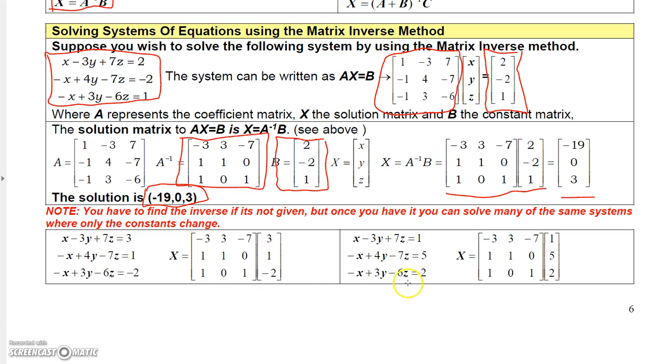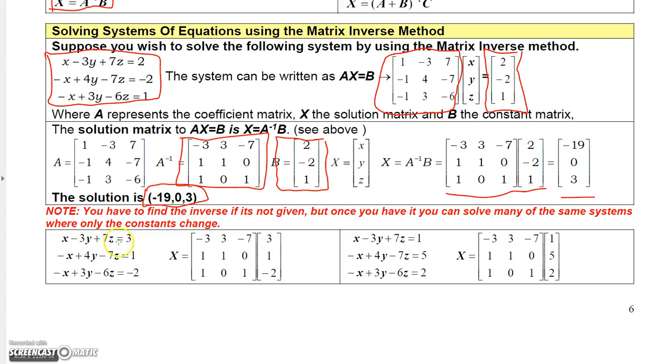And then I can take this inverse matrix again and multiply it by this set of constants to get the answers. So the point is, if I had several of these systems to solve where nothing changed but the constants, then once I found that inverse matrix, I can solve any system as long as I have the constants.